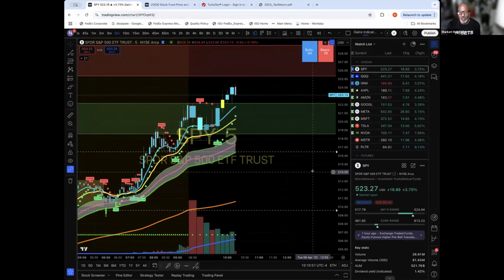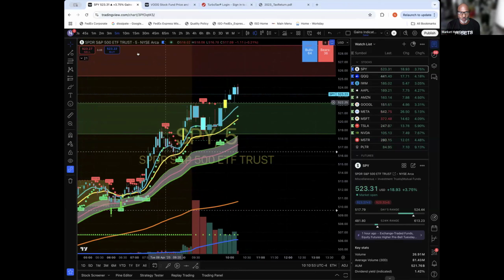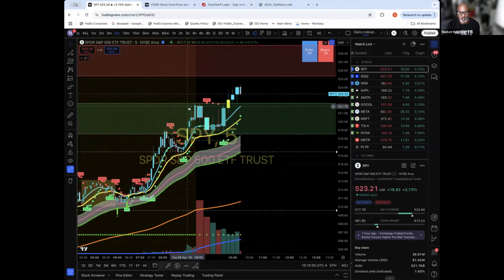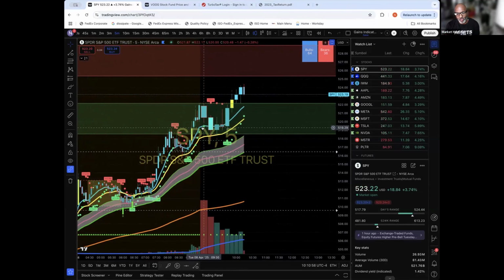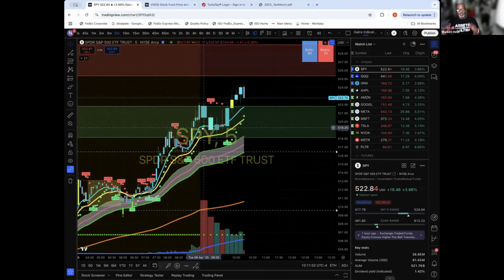All right, so when SPY first opened, first I'm looking at the 5-minute time frame. This is the time frame that I really enjoy using because it slows down a lot of the data. The further up, the slower the data is going to be. The lower I go, the quicker the data is going to be.